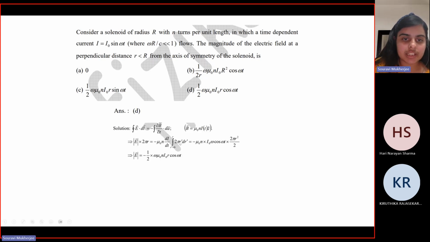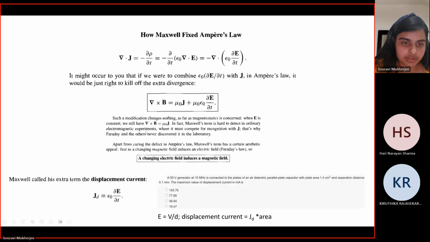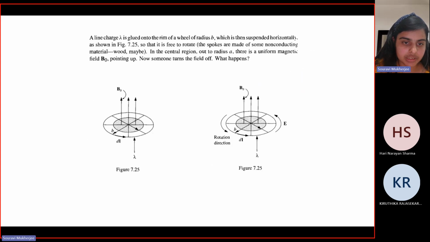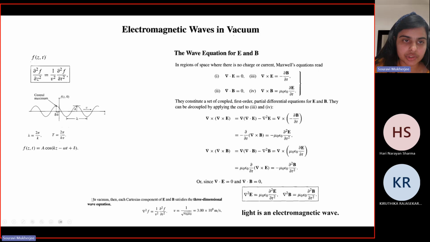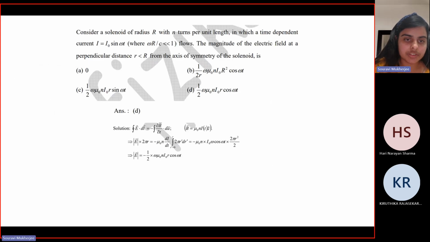So you can again use this same relation, which relates the change in magnetic flux with electric fields. Here we use the closed integral of E dot dl equals minus dB/dt dot dA, because the flux is changing as the magnetic field is changing.